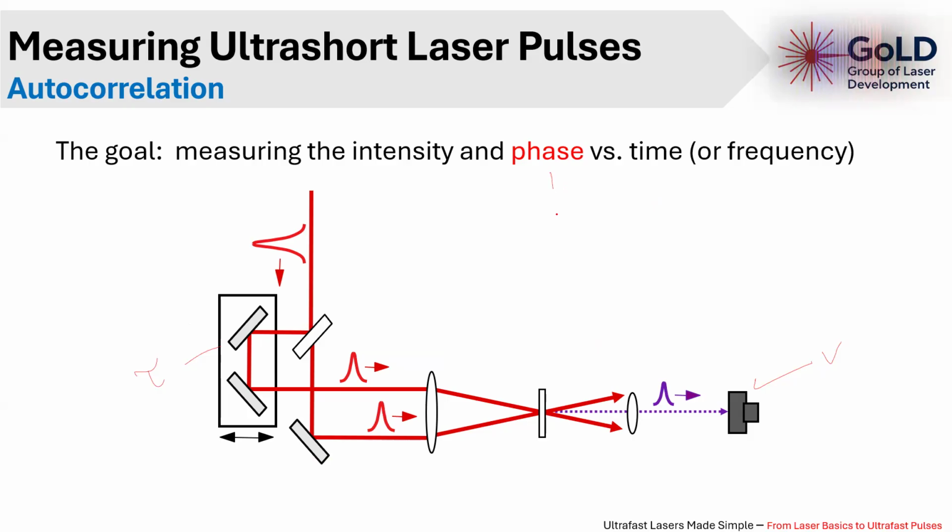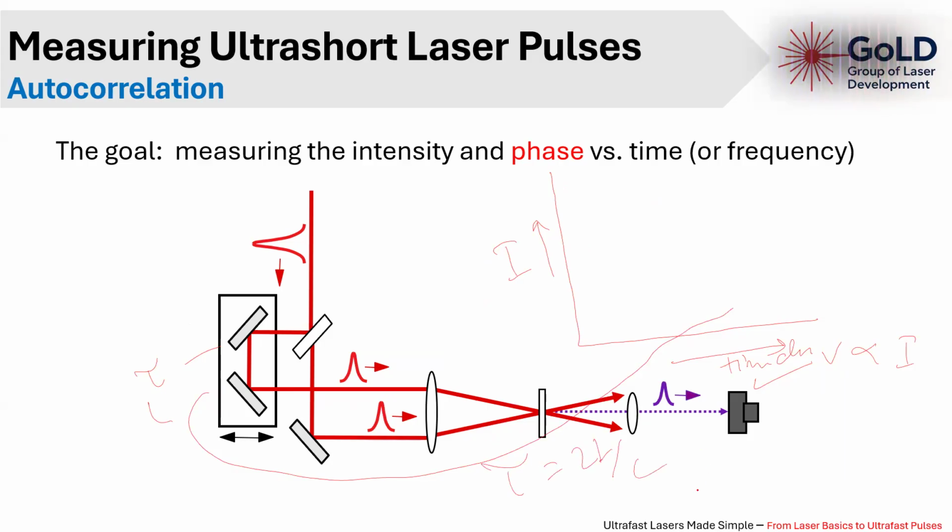These time delay values we plot on this side, and this voltage is directly proportional to the intensity, and that we plot here. So here is the intensity, there is a time delay, and that tau is equal to 2L over c.